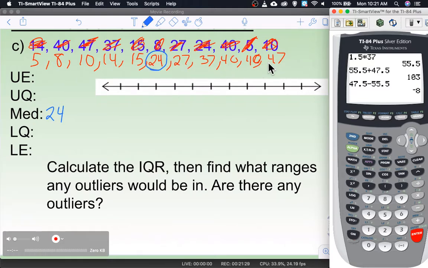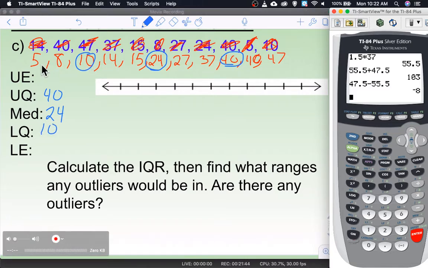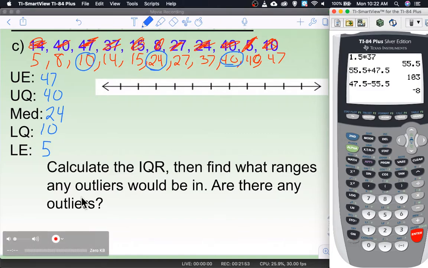So of these 5, the upper quartile would be this 40. The lower quartile would be the middle of these 5, being that 10. And then my extremes would be the 5 and the 47. Okay, before we do any graphing, let's calculate our interquartile range and see if there's any outliers.